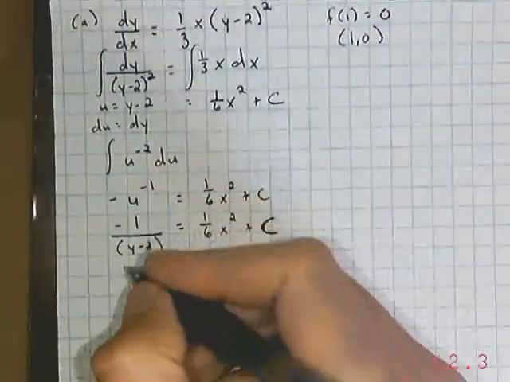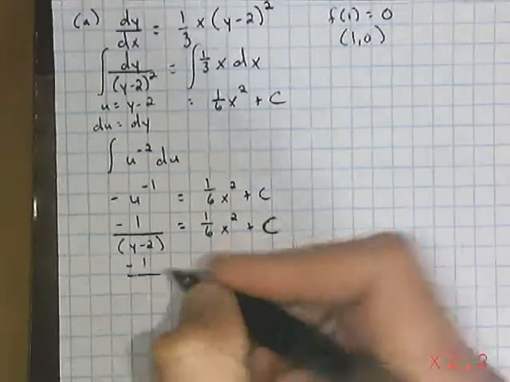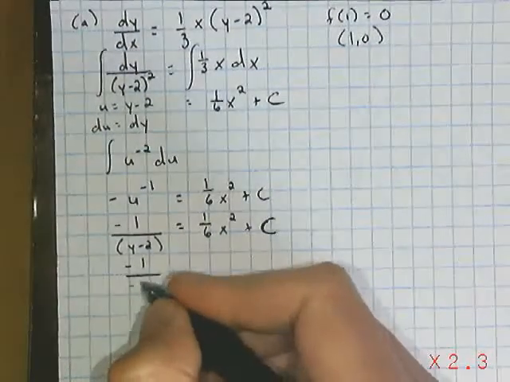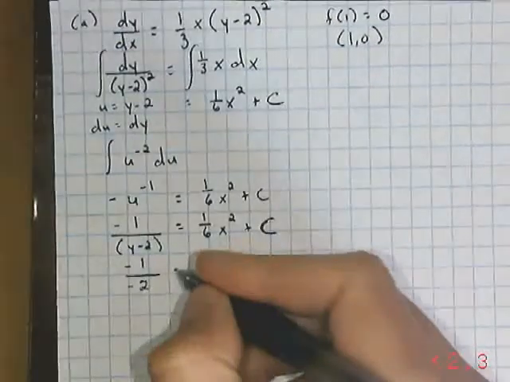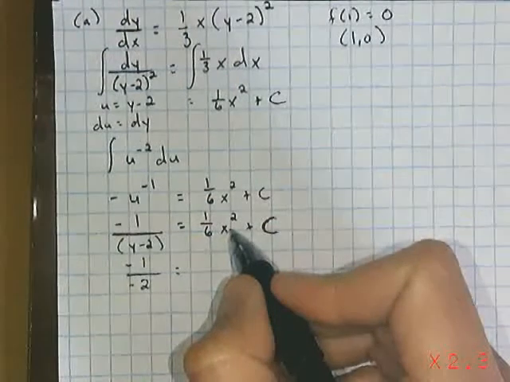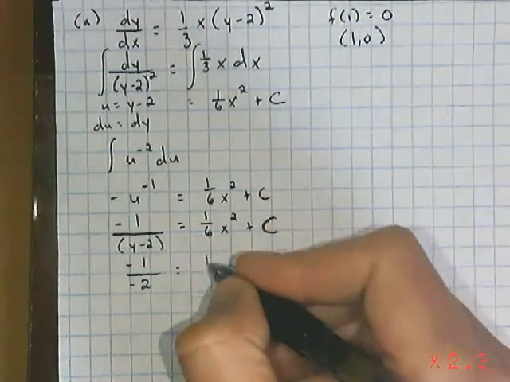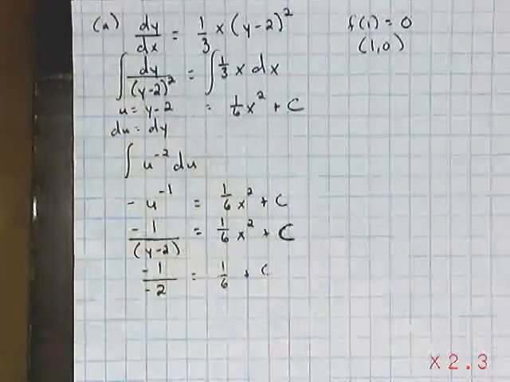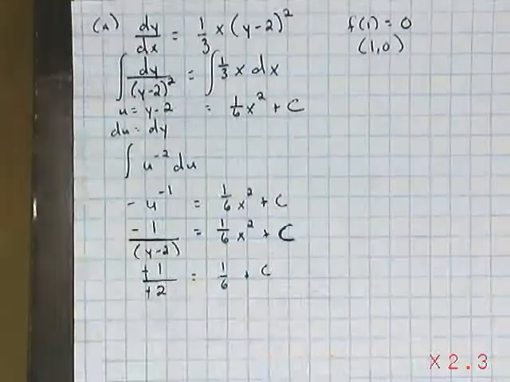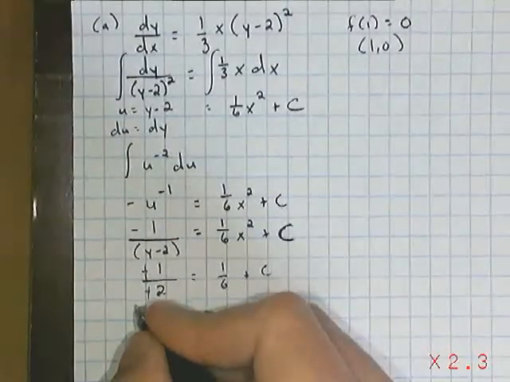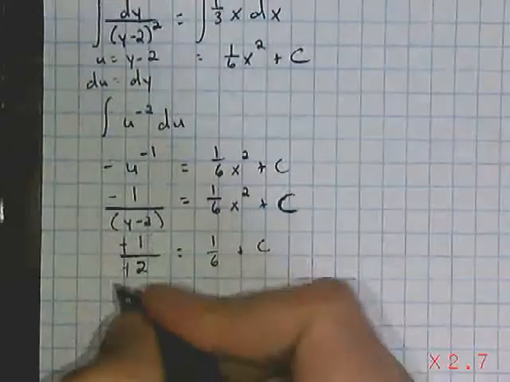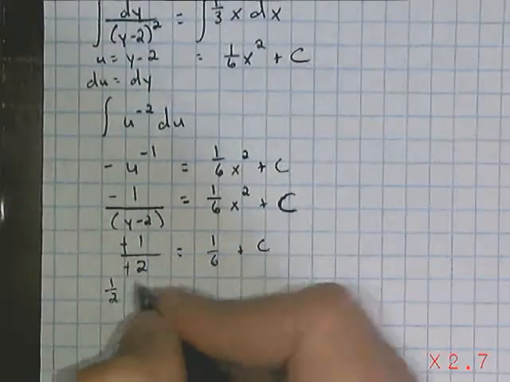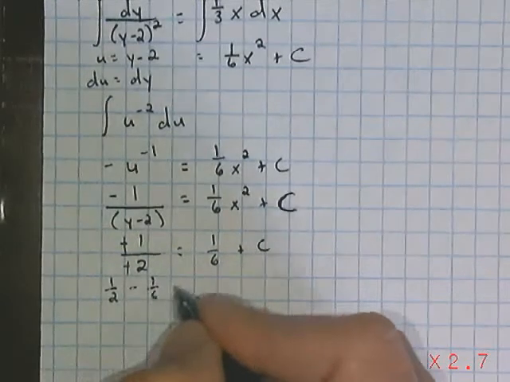So doing that, we get a negative 1 over negative 2 is equal to 1/6 plus c. So subtracting 1/6, these will become positive. We get 1/2 minus 1/6 is equal to c.